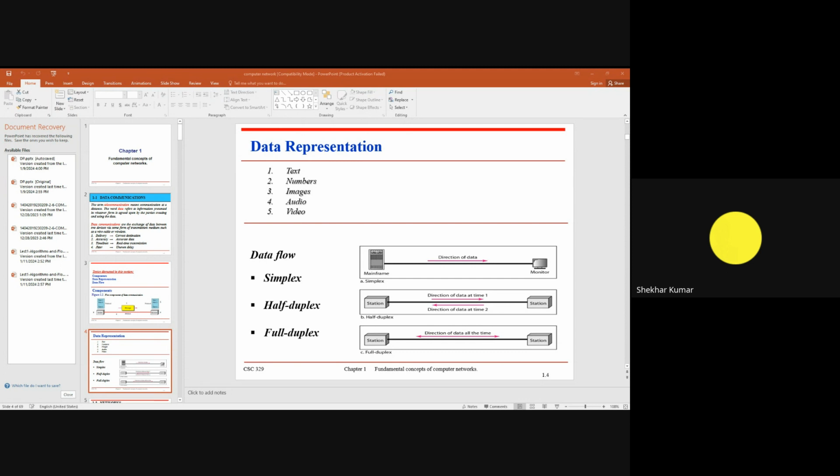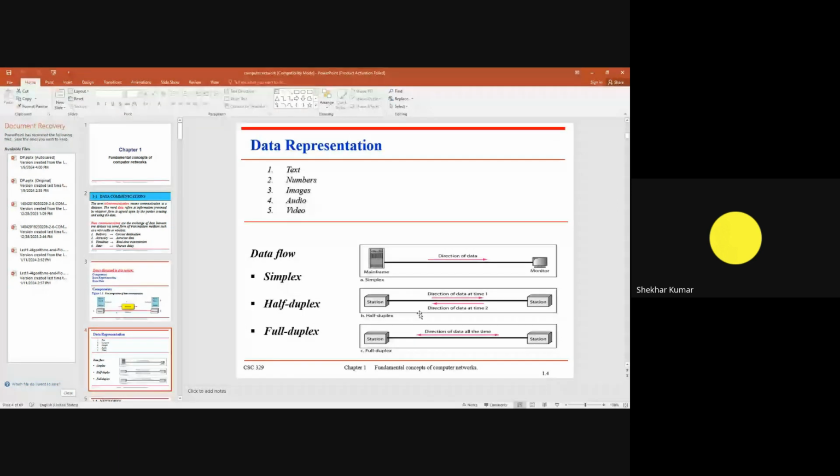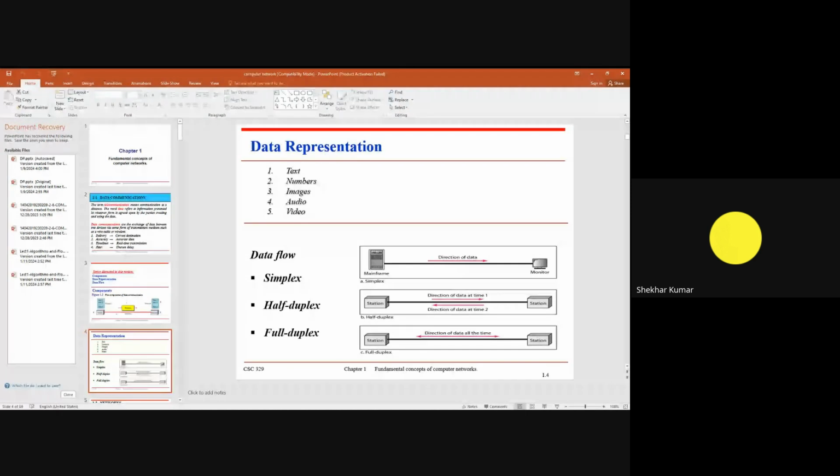In the simplex mode of data communication, the data flow is unidirectional. Unidirectional means the data will travel only in one direction. You can see in the diagram, there is only one direction. The data is transferred in only one direction, that is from sender to receiver.